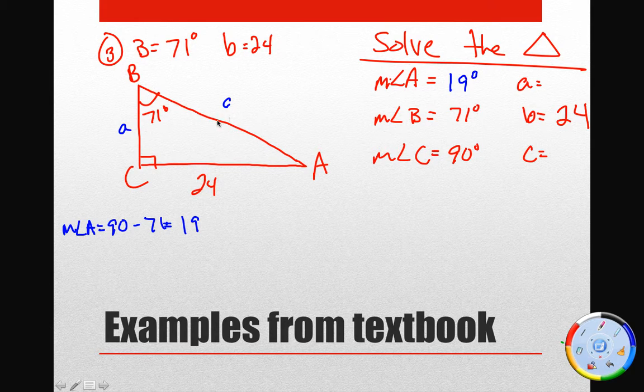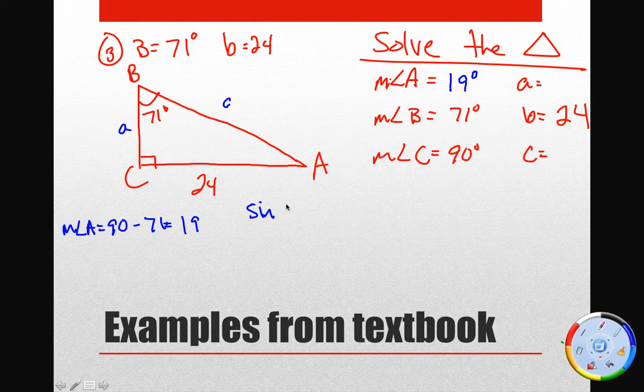Then I look at this triangle and I'm given 71, and from 71, I'm given the side opposite. I know that opposite over hypotenuse is sine. There are many ways to solve this problem, but this is just the first one I'm going to do.